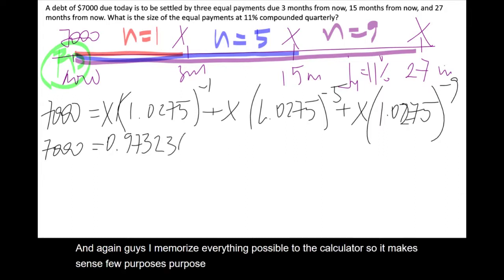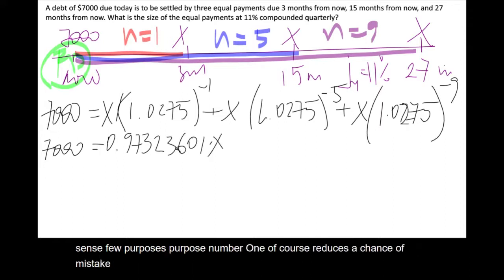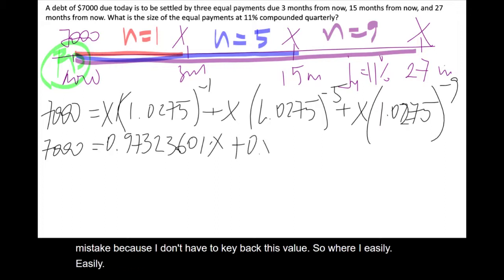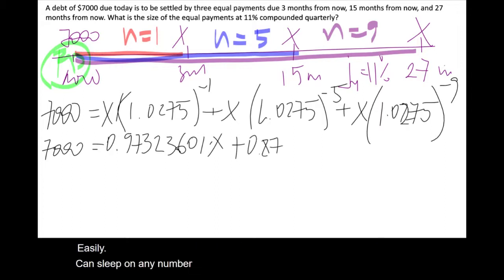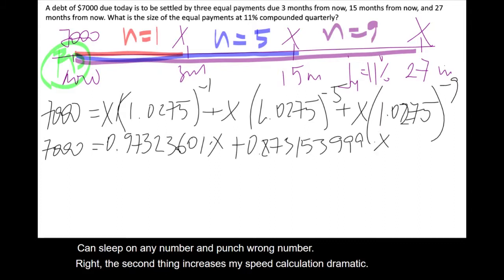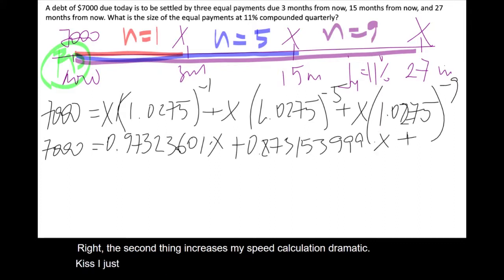Purpose number one, of course, reduces a chance of mistake, because I don't have to key back this value, where I easily can slip on any number and punch the wrong number. Second thing, increases my calculation speed dramatically, because I just press two buttons.